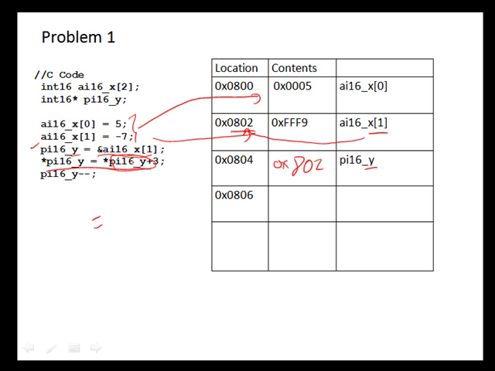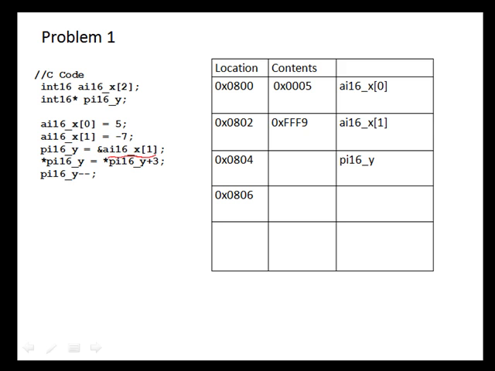What is y pointing at? Y is pointing at x of 1. X of 1 contains what? X of 1 contains a minus 7. So it's going to say take a minus 7 and add to it 3. And then copy that back to whatever y is pointing at, or y is pointing at x of 1.